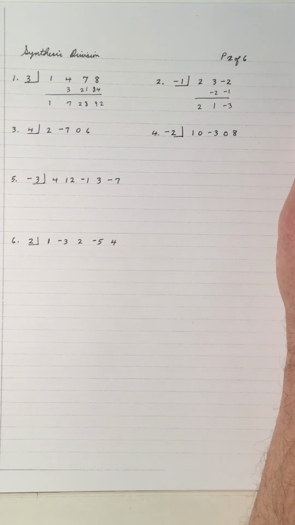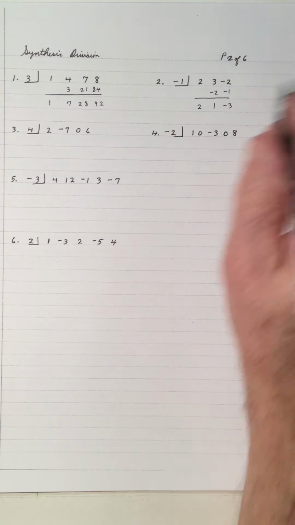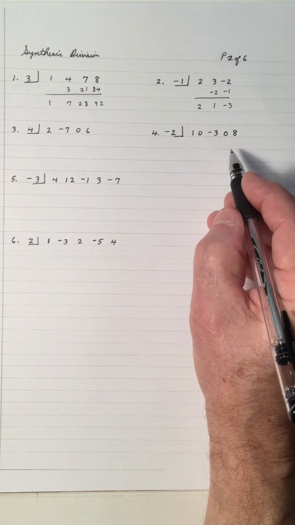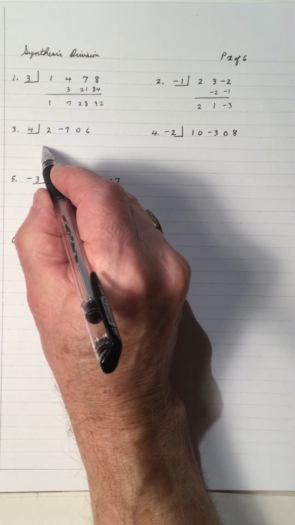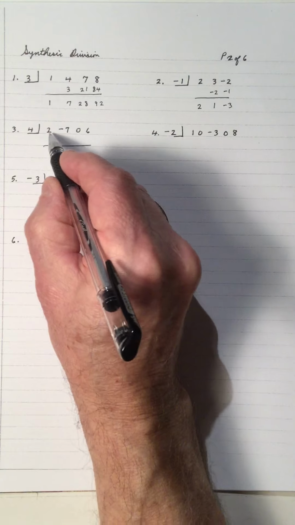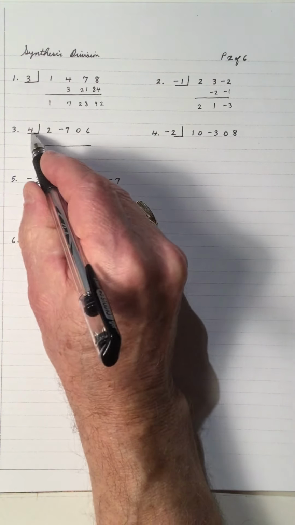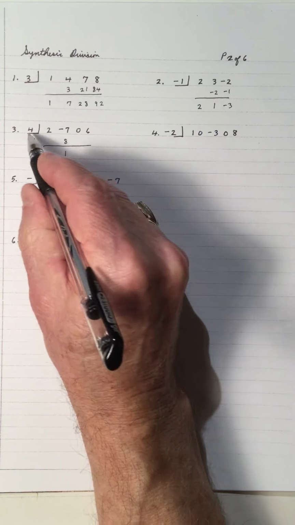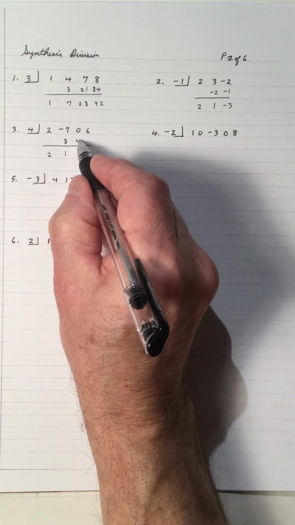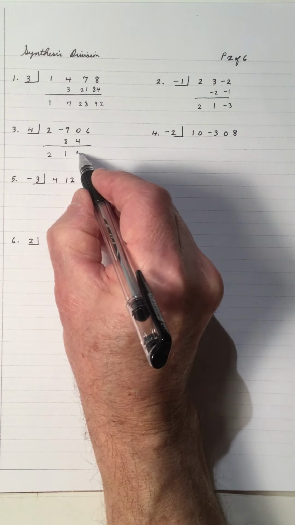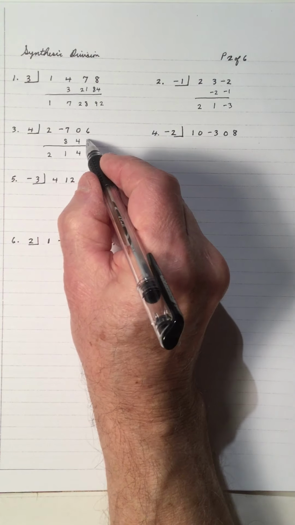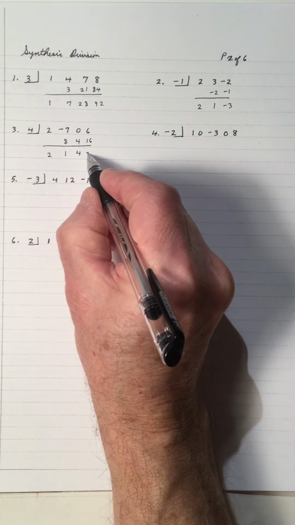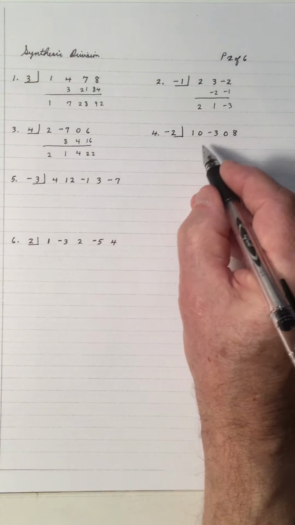And again, if you know about synthetic division, then pause the video and work each of these out. There we go. Draw a line, bring down the 2, multiply 8, add 1, multiply 4, add 4. 4 times 4 is 16, add 22.